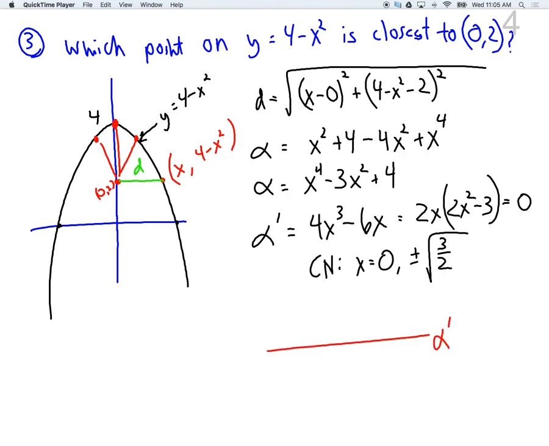Alpha prime number line: 0, negative square root of 3/2, square root of 3/2. So knowing that that's 1.22, close enough, I'm going to pick 1 in here, put it back in here. If I put 1 in here, I would get a negative times a positive, so that would be negative.